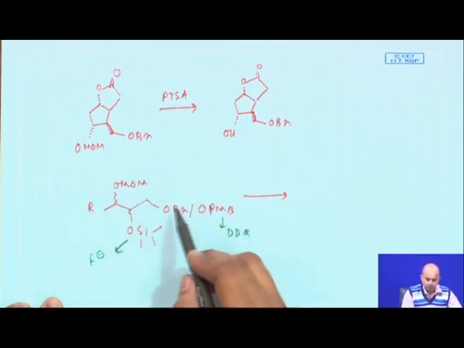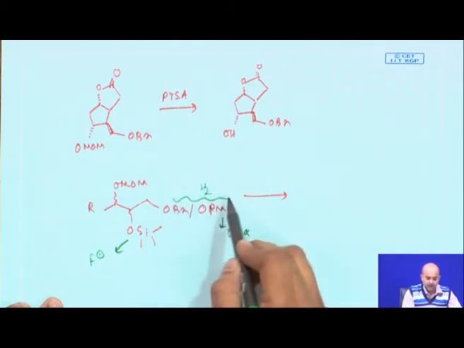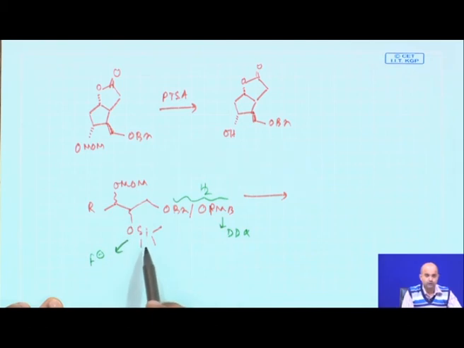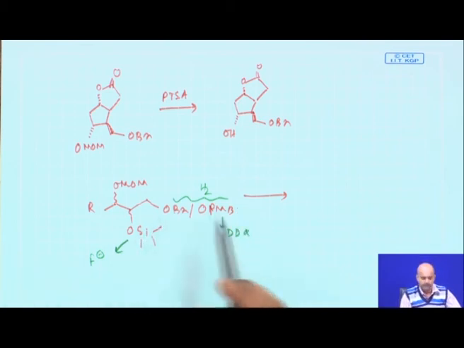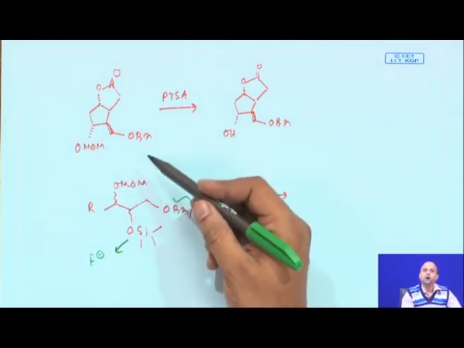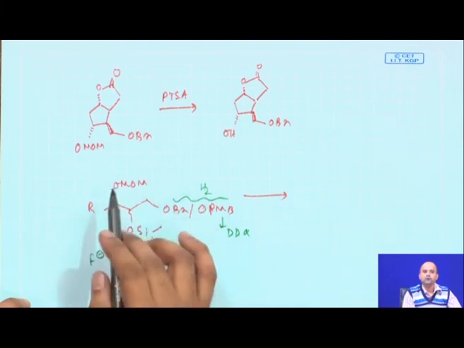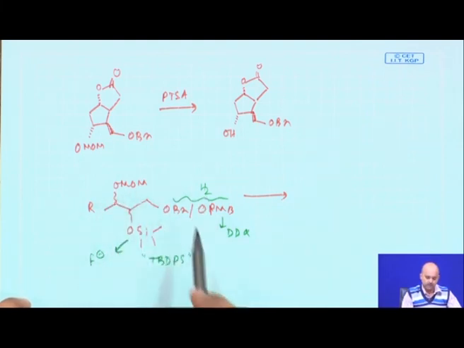Benzyl and PMB can both be clipped by hydrogenolysis with simple hydrogen and palladium on charcoal, and the other two groups are not affected. Now, if you have a MOM and TBS, TBS is also acid labile and MOM is also acid labile, so there is a little bit of difficulty. But if you have a TBDPS, which is not acid labile, you can easily control the selective removal of MOM in the presence of TBDPS.